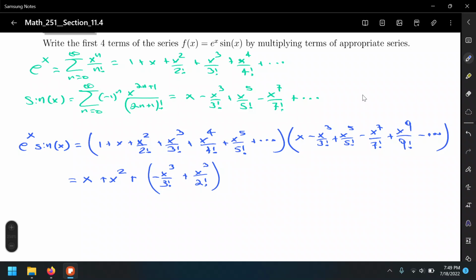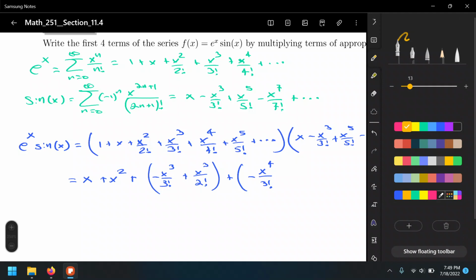Alright, let's have a look at the x to the 4th power. 1 times x is x, and 1 times x cubed is x cubed. That's not going to give me a 4th power. X times x we already did, but x times negative x to the 3rd power is going to be a 4th power. So let me open parentheses: negative x to the 4th over 3 factorial, and I got that by multiplying these two.